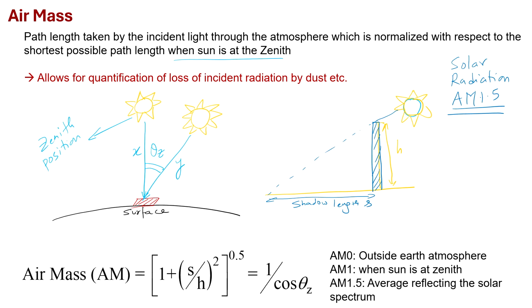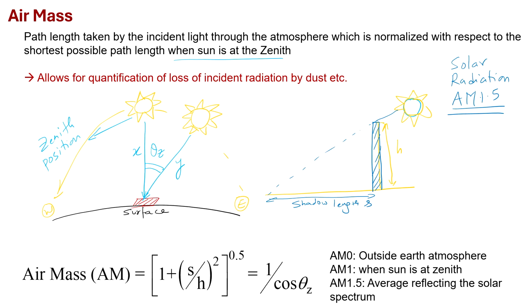When it is in the west, the beam is again nearly horizontal, because the sun is moving, let us say this is your east and this is your west, like this. So, it travels throughout the day from east to west, and that leads to a change in the path length of sunlight on the object.